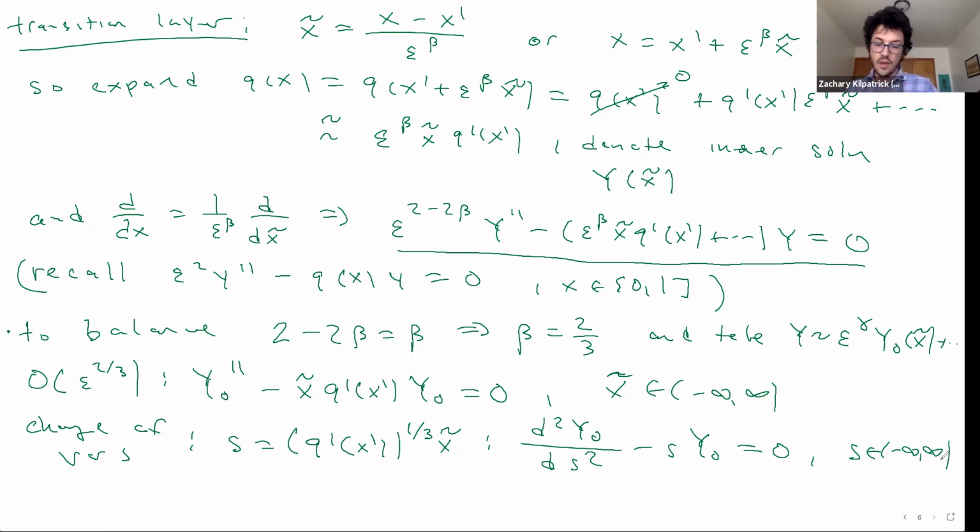The idea here is that this inner solution is going to properly connect together the right and the left solutions that we have bridging across our transition layer. You don't always necessarily have to do this. For instance, you'll have an example on your homework where if you just actually have a jump discontinuity in Q, then things get a lot quicker because you don't have to worry about how Q is approaching the simple zero that it has.